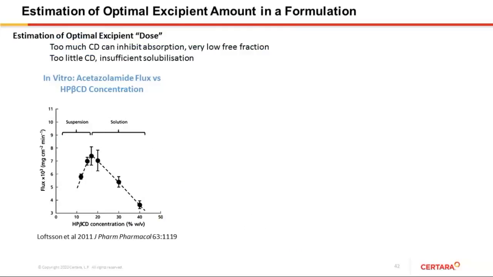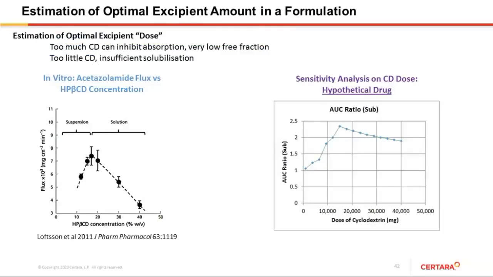In an in vitro system, there's a clear optimum flux linked to the cyclodextrin concentration. And on the right here, I've simply shown a hypothetical analysis for a hypothetical drug using the Simcyp sensitivity analysis tools here. So in principle, this can be applied to excipient dose optimization for your compounds.